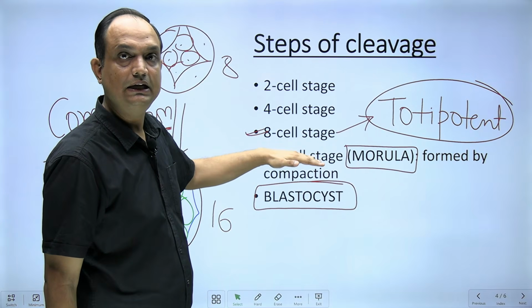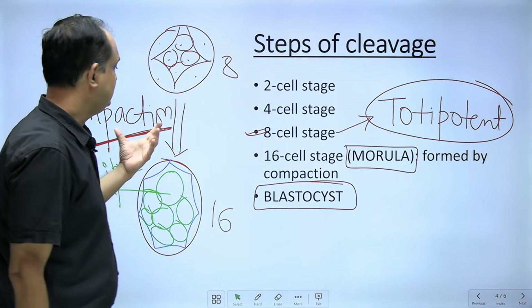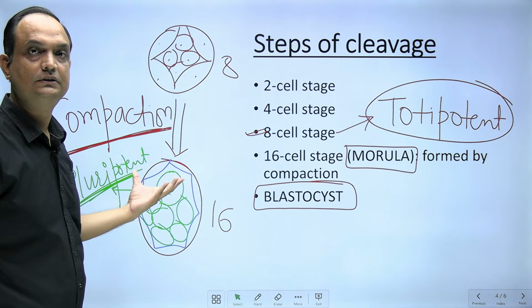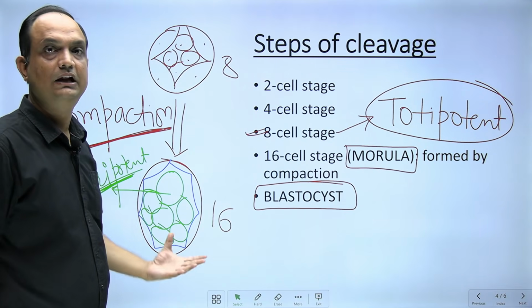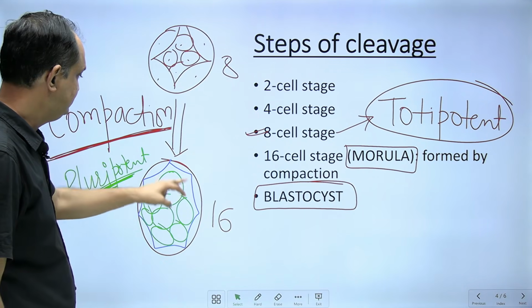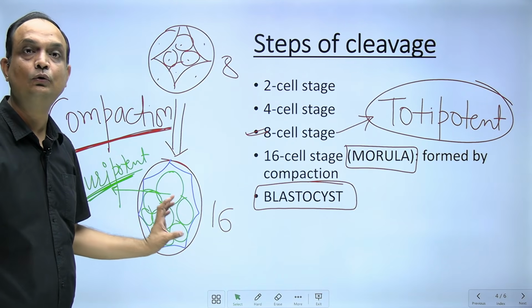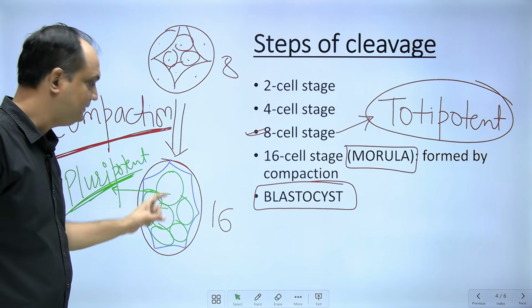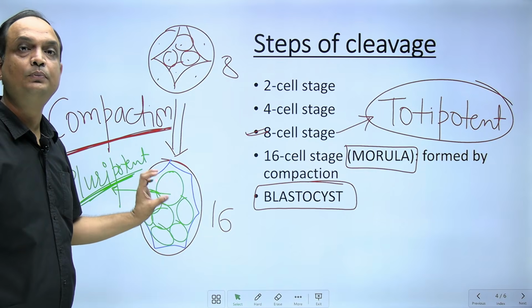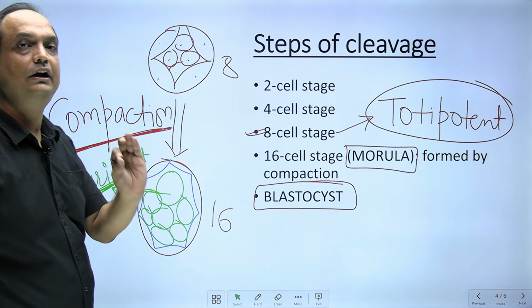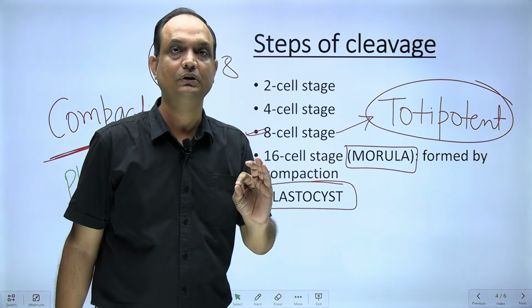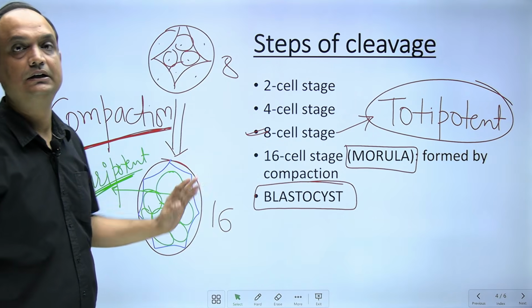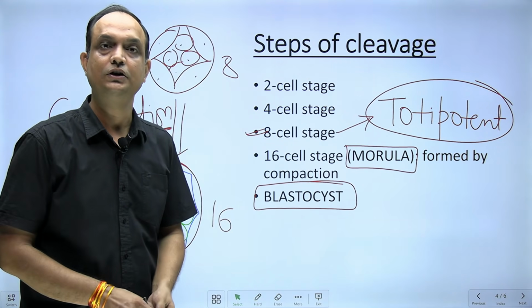But after the 8 cell stage, compaction occurs, and in the next cleavage, at the 16 cell stage, the cells arrange themselves into an inner and outer cell mass. The inner cell mass cells can produce only and only derivatives of ectoderm, endoderm and mesoderm. They cannot form the placenta or the extra embryonic tissue.